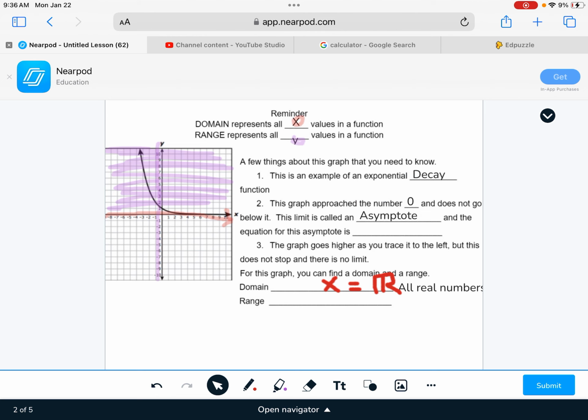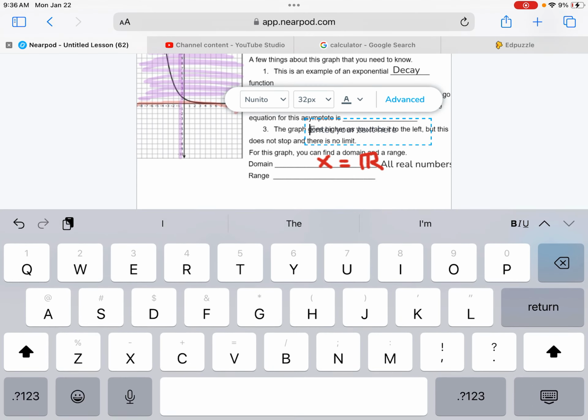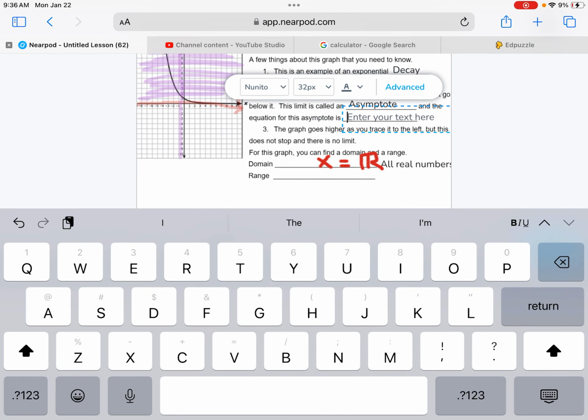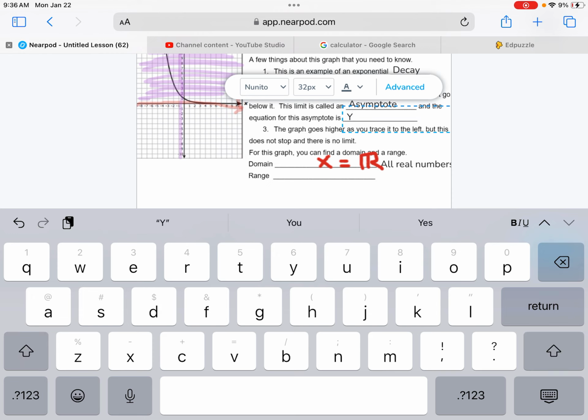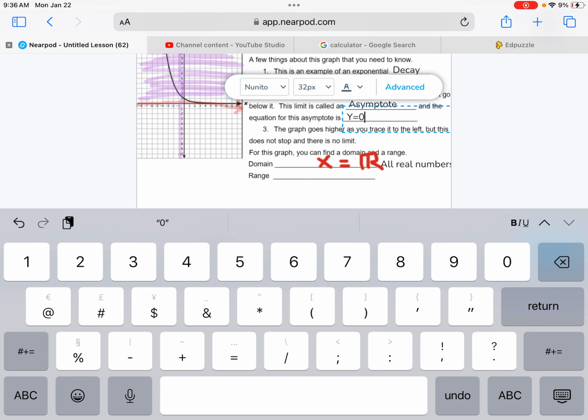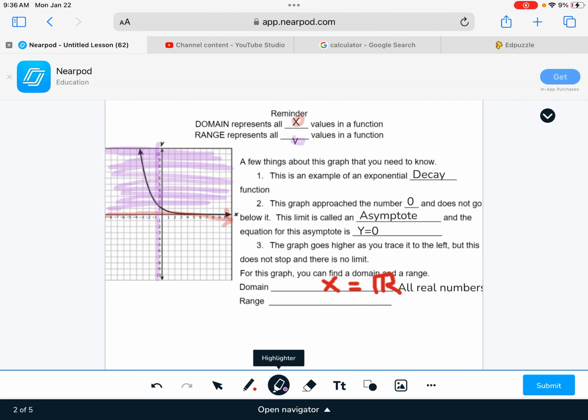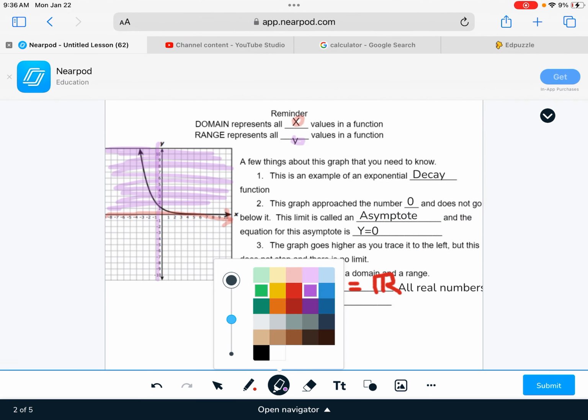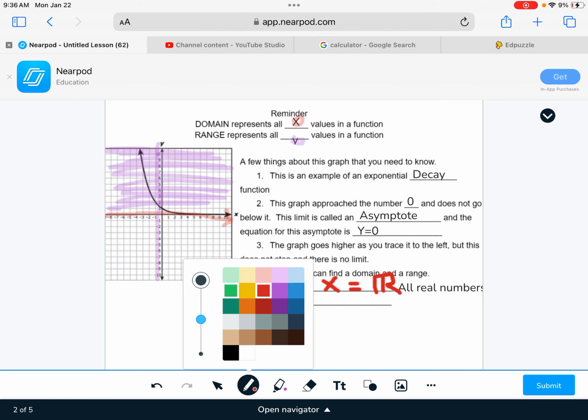Now, the equation for that asymptote in this case, because it is the x-axis, is y equals 0. That y equals 0 is important because it is an equation that you'll have seen a couple of hundred times by this point, and so you should be familiar with why it is y equals 0.